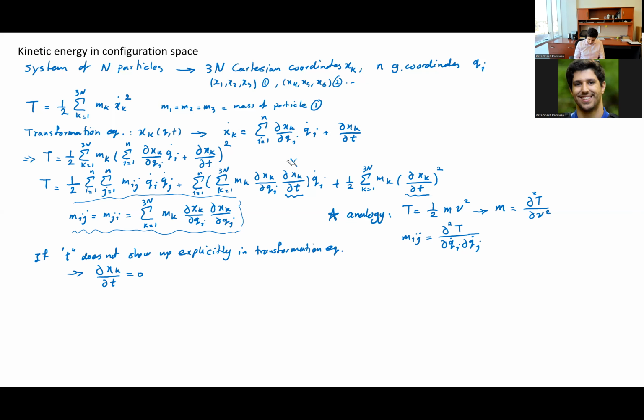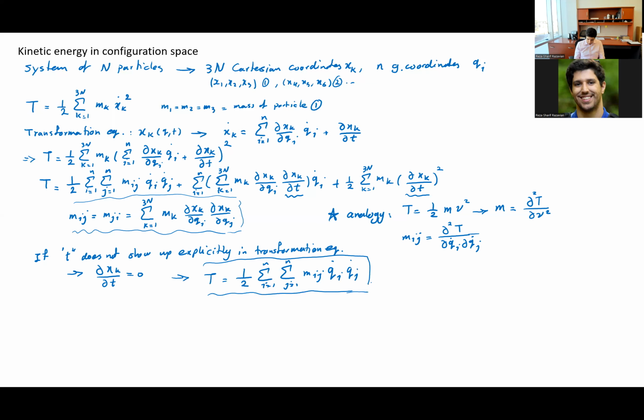And what we are actually left with is a rather nice form: T equals 1/2 sum over i equals 1 to n, sum over j equals 1 to n, m_ij q dot i, q dot j.